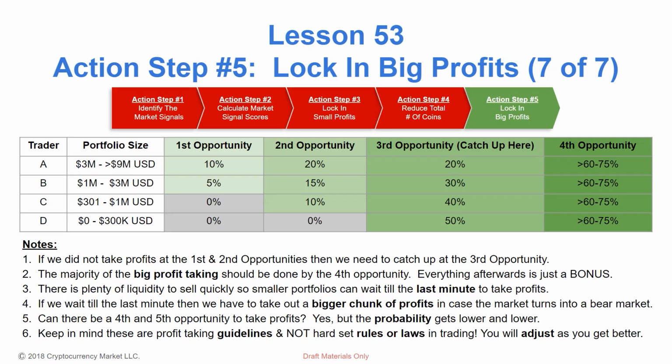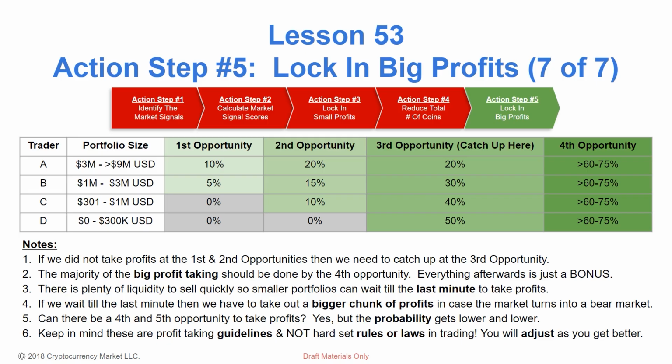And then in the second big wave, this trader will take out 20% chunks of profit and continue to do a minimum of 20% in every wave or opportunity after that. So in the third opportunity to take profits, they will do 20%. And in the fourth opportunity, they should already have 60 to 75% of their profits already taken out.